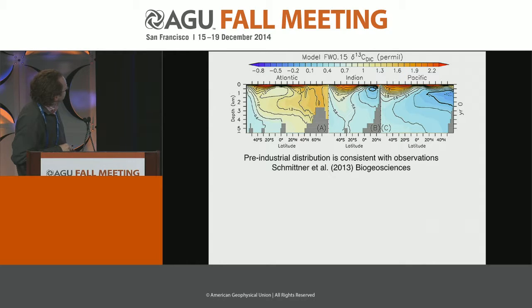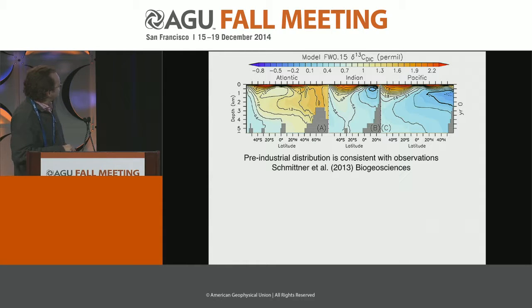Deep water formation, because the water is sinking, brings these high values from the surface down, and then North Atlantic deep water advects those high values towards the south, and during that time there's accumulation of light respired carbon, which reduces the values of the carbon isotopes. When you go into the Indian and Pacific Oceans, you have much lower values due to this ongoing accumulation of respired light C13. So there's this large interbasin gradient between the Atlantic and the Pacific in the model, and this is also consistent with modern observations, as I've shown in this paper.